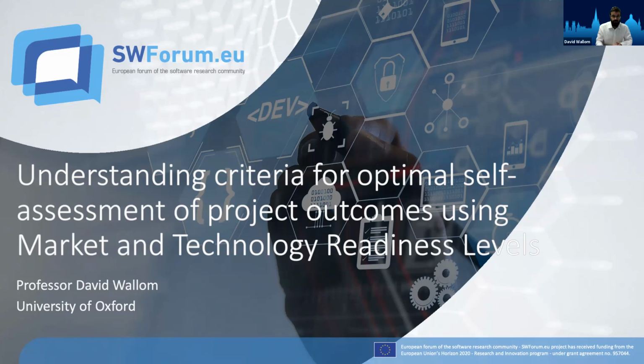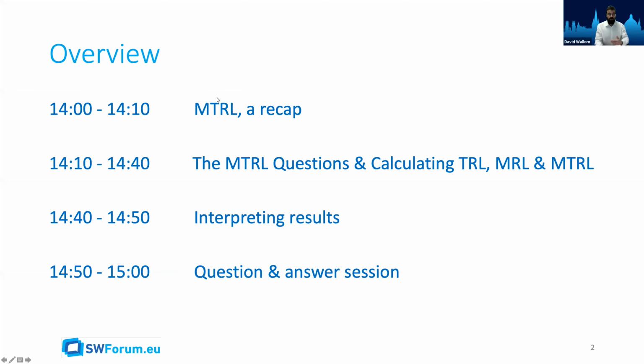So just a brief overview of the format of today. I'm going to give you a brief recap on what MTRL is. This is the second in the series, and the first webinar, which is available through our online platform, gives a fuller version, but I'm going to tell you what MTRL is again.